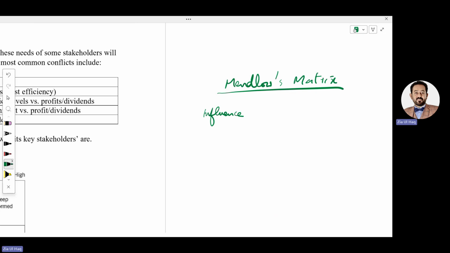You need to consider more those stakeholders who have more influence in the organization, and those who have less influence, you need to consider less. And the influence of a stakeholder is equal to the power of the stakeholder to affect the organization times the interest of the stakeholder within the organization's operations.